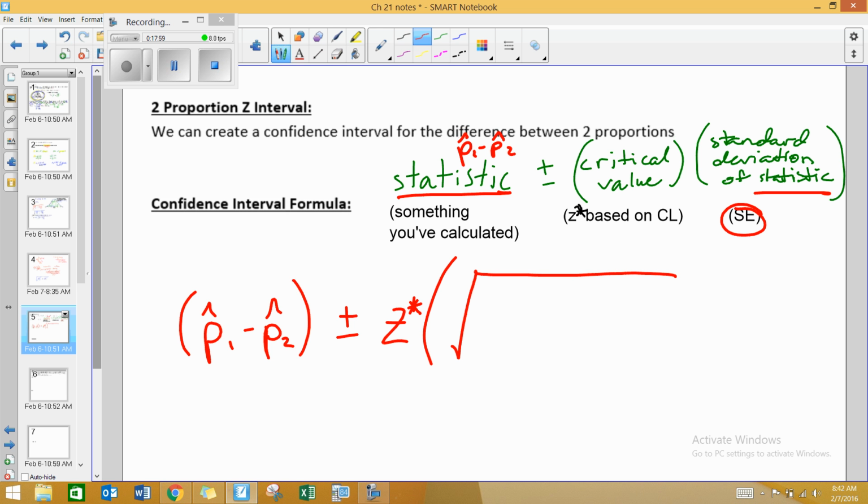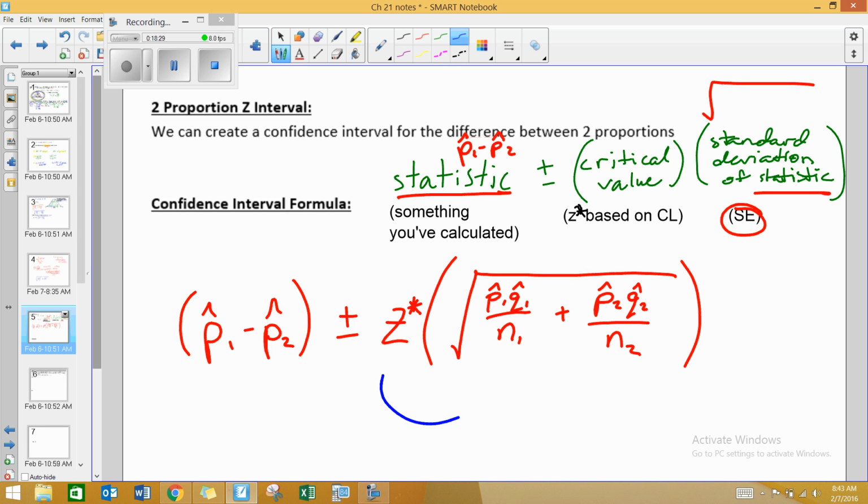The standard deviation of that is that square root stuff. So I have square root of p hat 1 q hat 1 over n1 plus the sample proportion for the second group over how many people were in the second group. Okay, same setup as before. We have our observed difference, our observed statistic, and then I have a margin of error that I add in both directions.